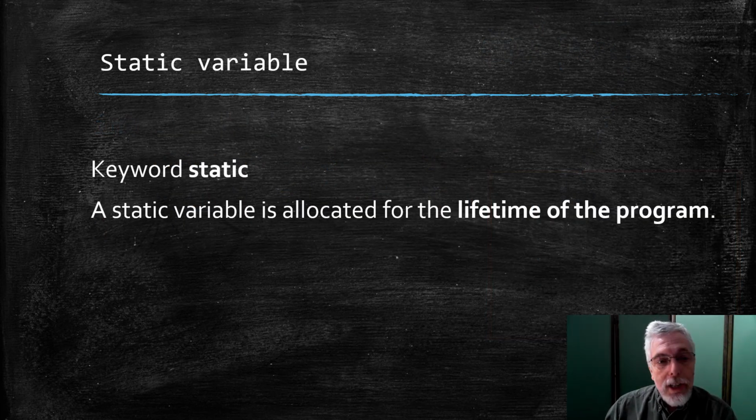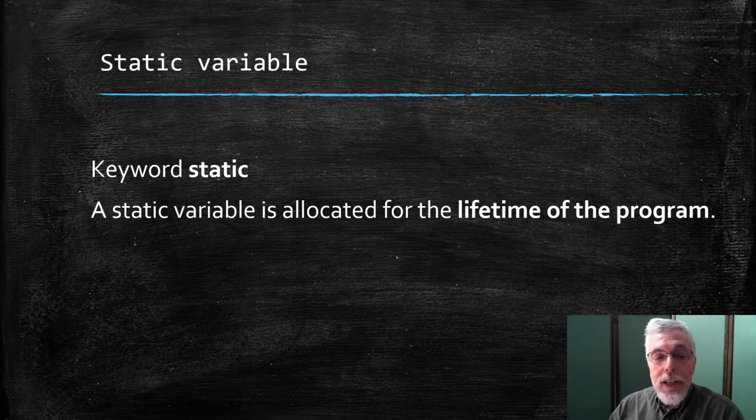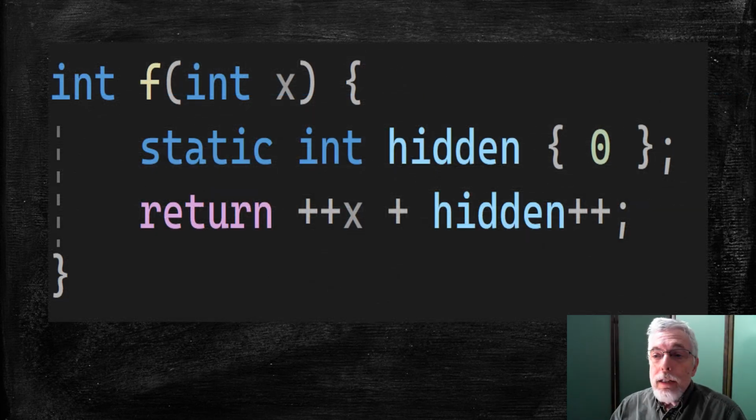There's a word called static. And if you create a static variable, the variable lasts for the lifetime of the program. So here you'll see I have a static. I call the variable hidden. Why? Because I could have called it z, but I decided to call it hidden.